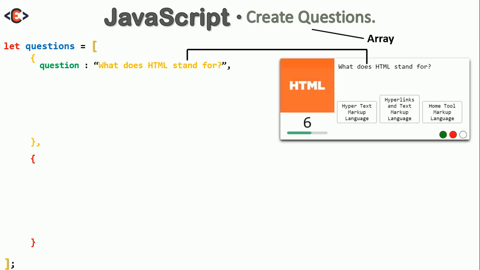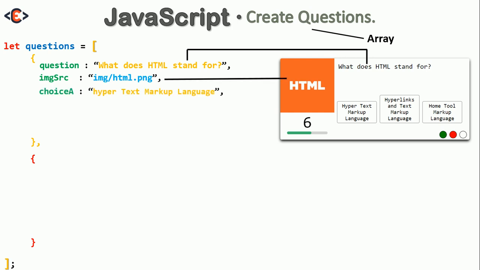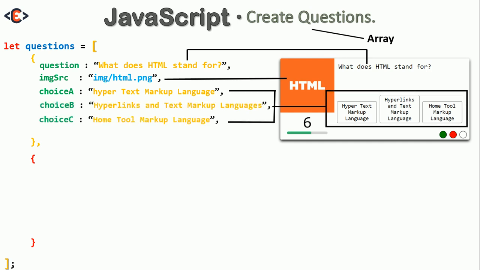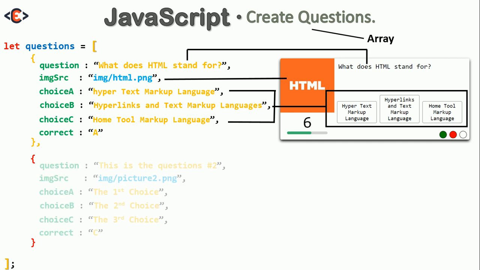Then the question image or the image source related to our question. Then the choice A and the choice B and C, and the correct answer. So for example, if the correct answer was the choice A, we will say correct as A. Then in the same way we'll create the other questions.